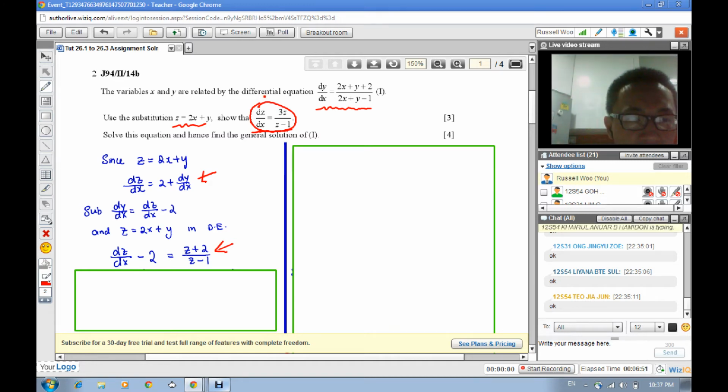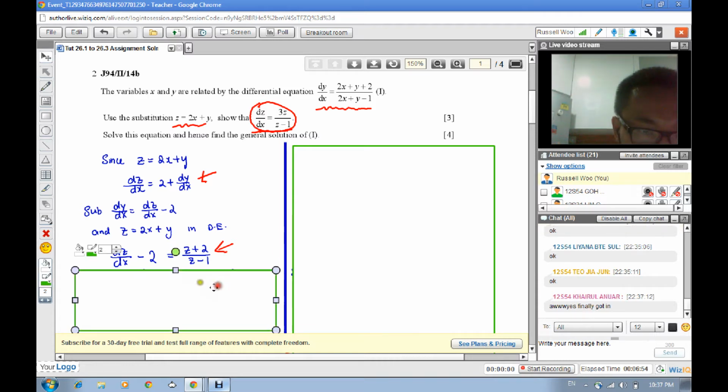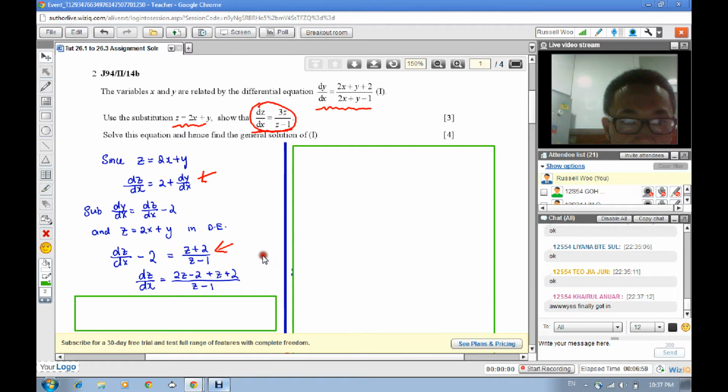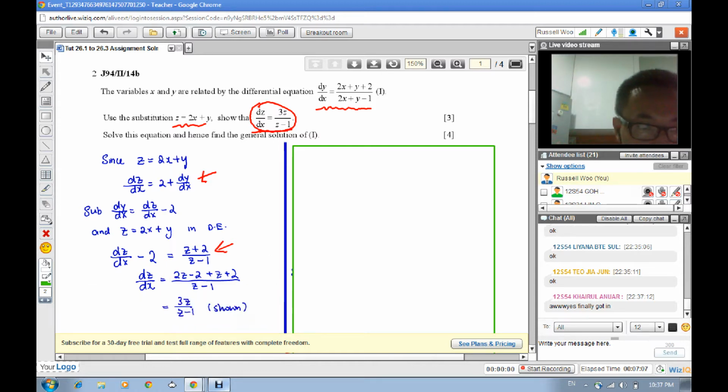If you can combine them into a single fraction like this, finally we get this final fraction, and then we should be able to get it shown like that. If you're okay, just quickly type okay. If you need me to slow down, just type in and ask questions if you have.